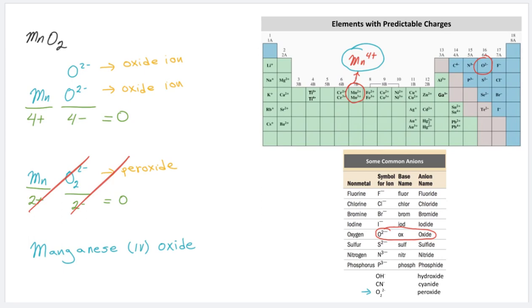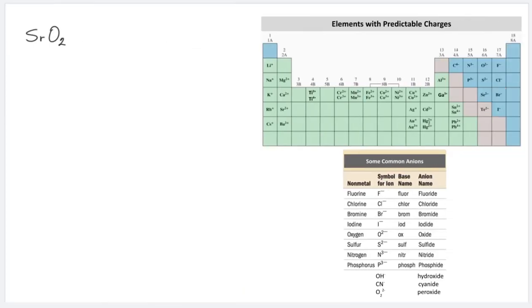So let's see another one. Here we have strontium and O2. And again, we want to know if this O2 is an oxide or a peroxide. So let's find out what Sr is. Is this a metal?